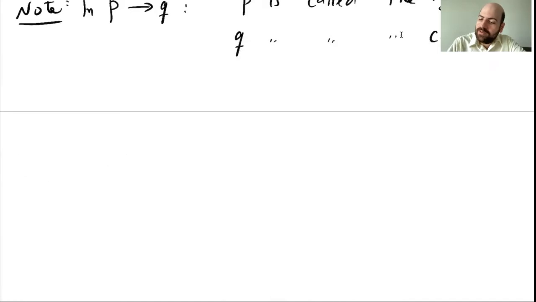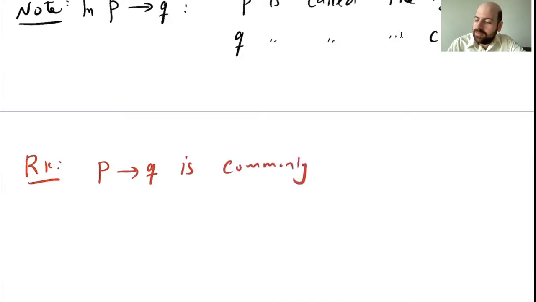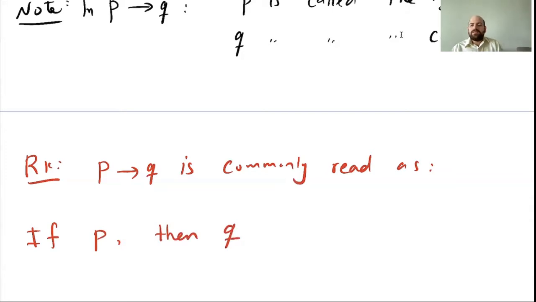So let me say a remark: P implies Q is commonly read as if P then Q. When we say if a statement, then another statement, the statement coming after if is called hypothesis or assumption, and the statement coming after then is called conclusion.